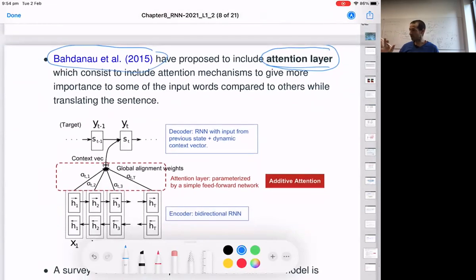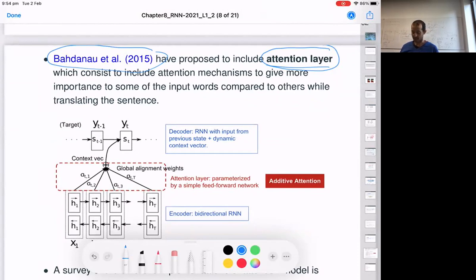It's a mechanism to give more information on some input words, and it is also used for images. It is a kind of layer that will put emphasis on some part of the text or some location of your image.